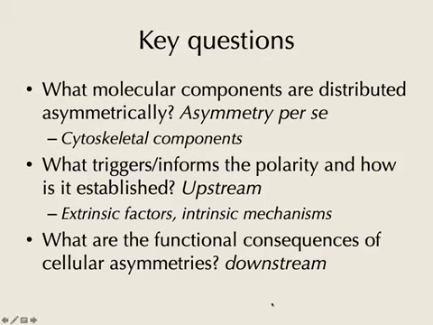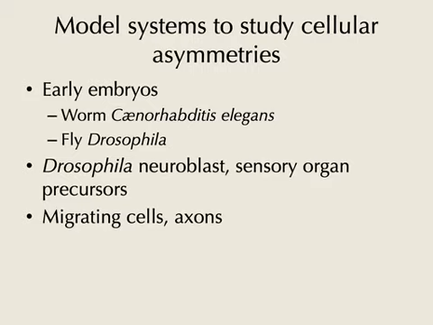And finally, and I'm going to just touch briefly on this, but that's very important, that's about the consequences. What does it mean for a cell to have asymmetries, to be polarized in certain ways? So this lecture, you'll see, departs a little bit more from the textbook than previous lectures.